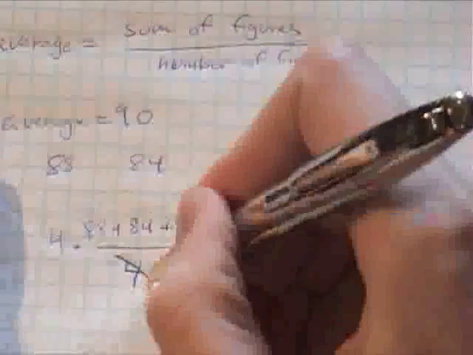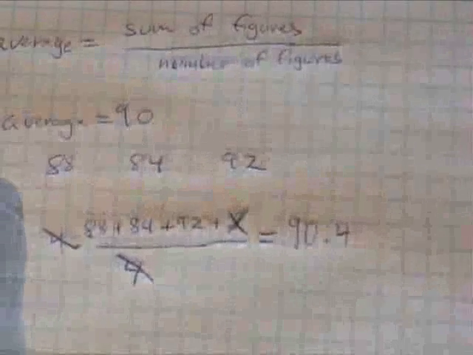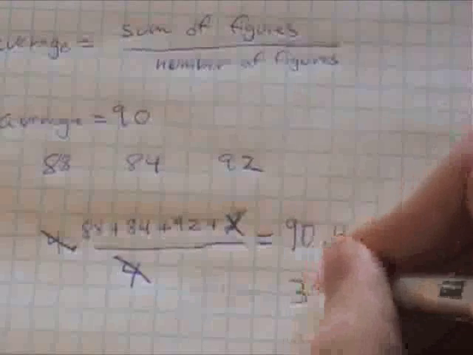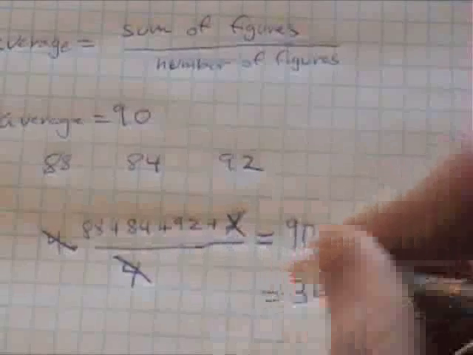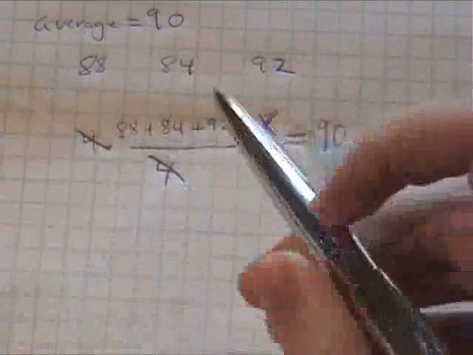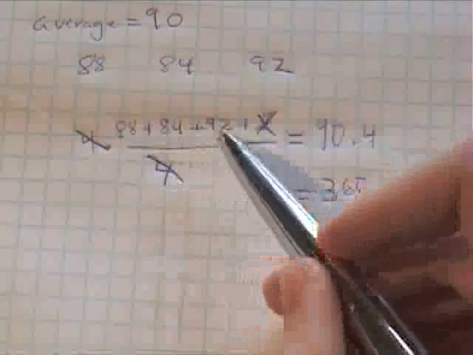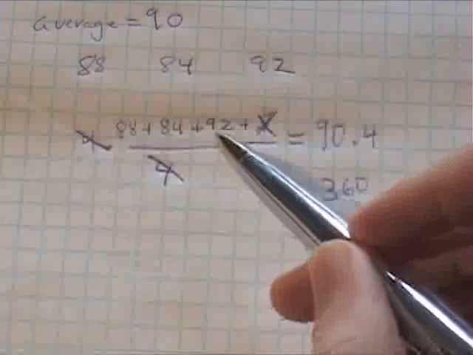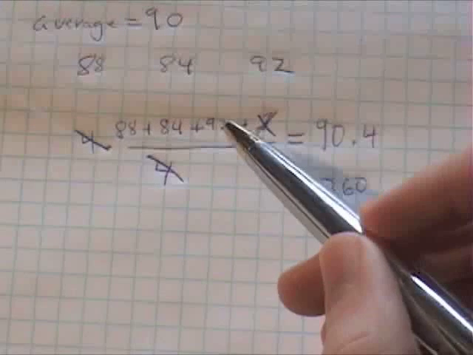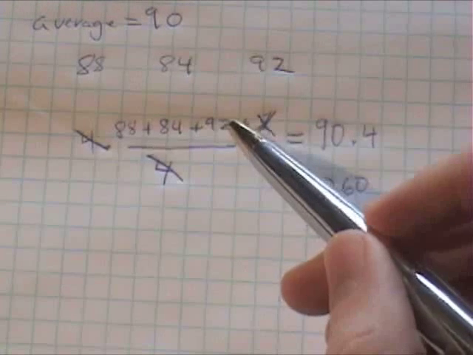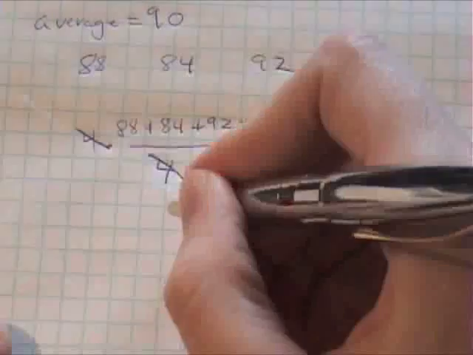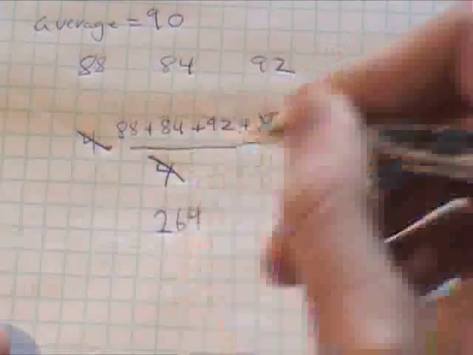That way this cancels out here and you're given 360 equals, so let's add up all of these numbers: 92 plus 84 plus 88 all equals 264.